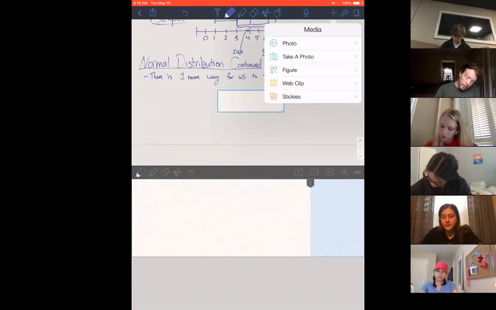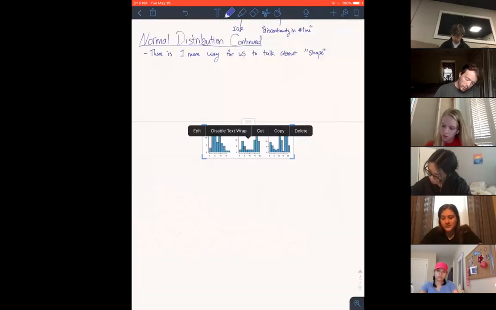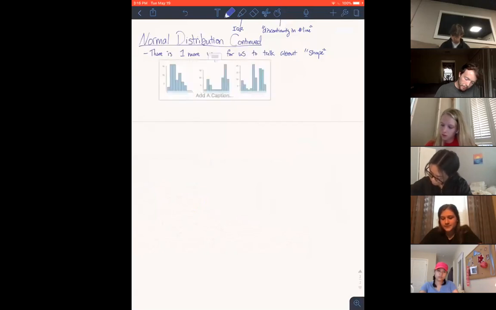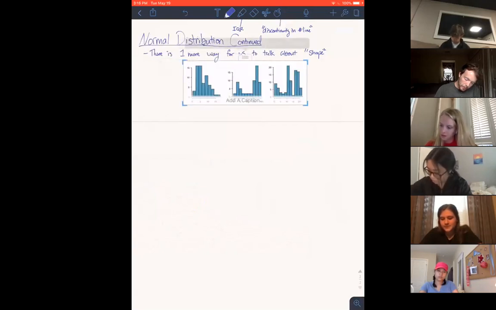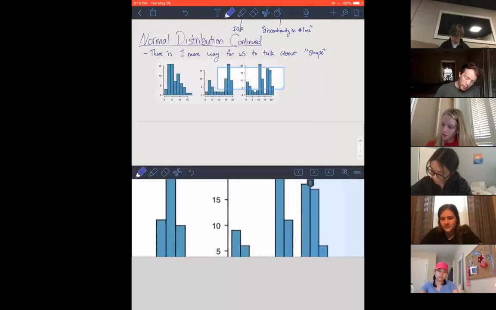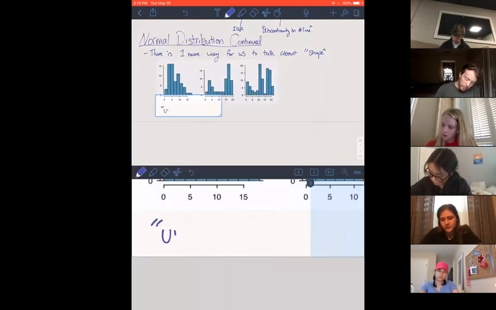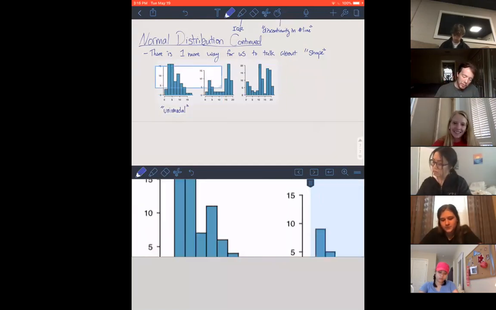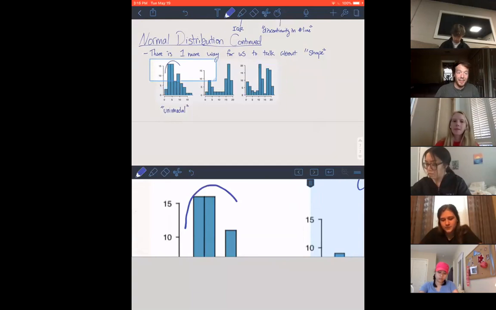I also want to give us an idea of how many modes we have. So in this example right here, we would call this first one unimodal. And basically what that root is referring to is that it kind of has one bump, right? We're not talking about skewness, we're talking about how many peaks it has. And in this case, we have one.